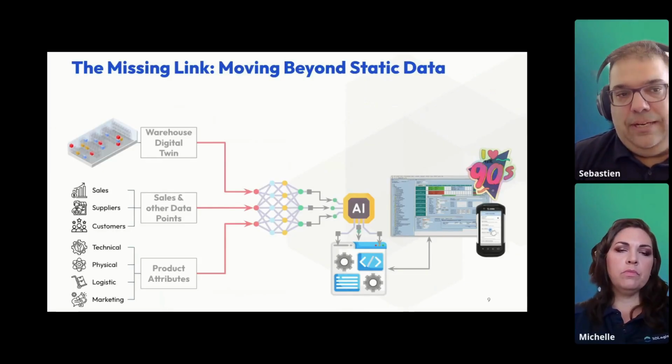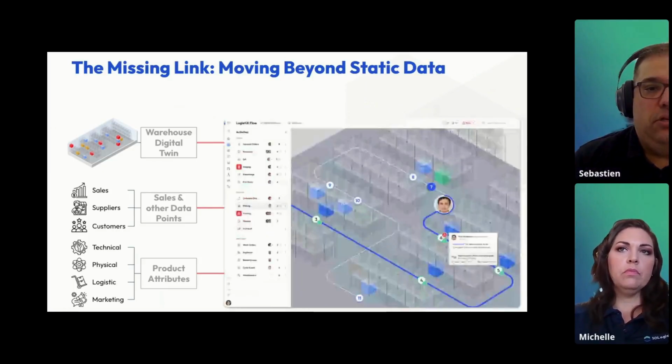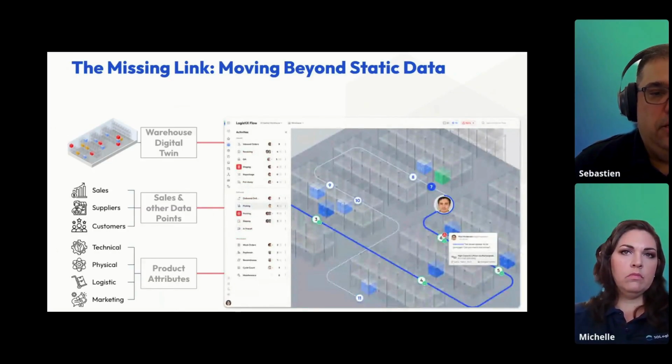So with that information now, we can start creating views that look more like this and have either real-time information as to where our people are in the warehouse, not so much to follow them around, but to see where they're at, when they're going to be ready for the next task.